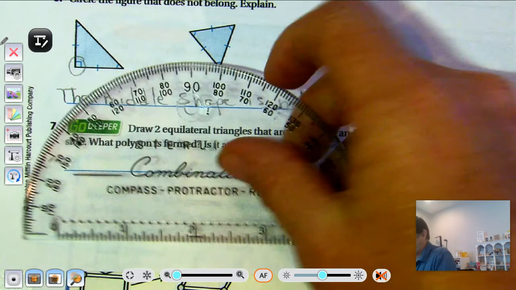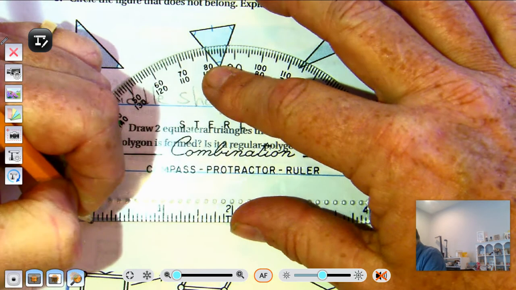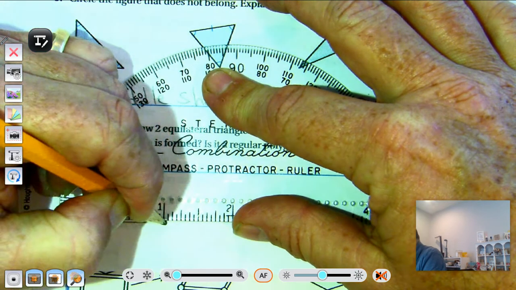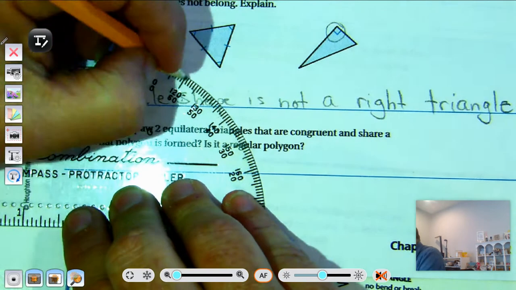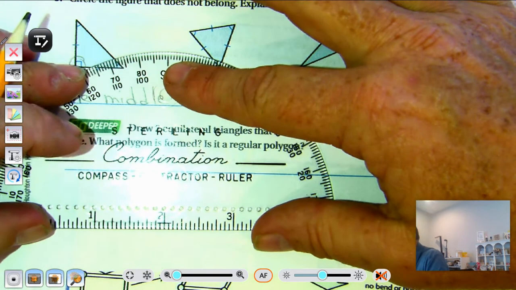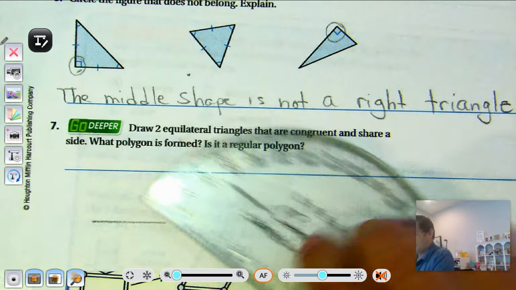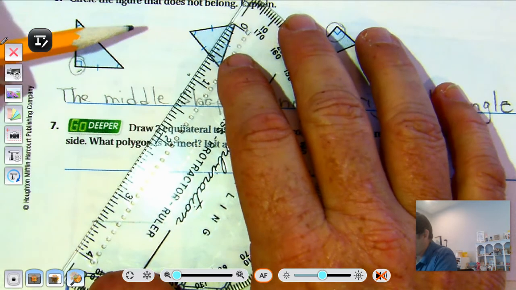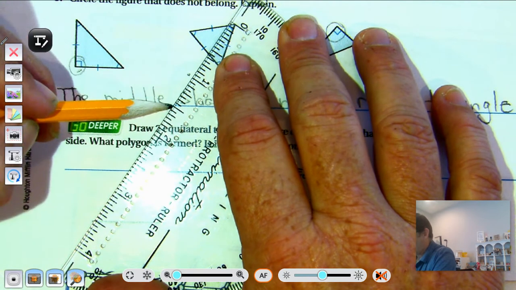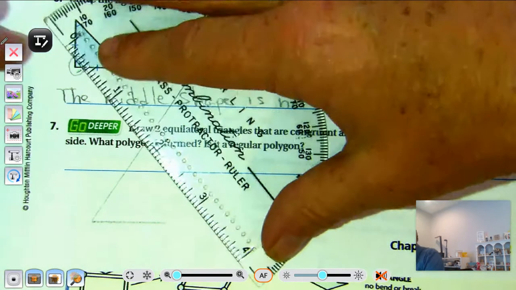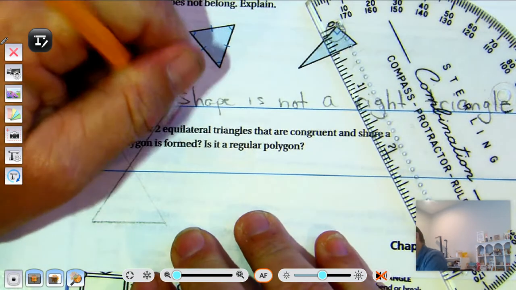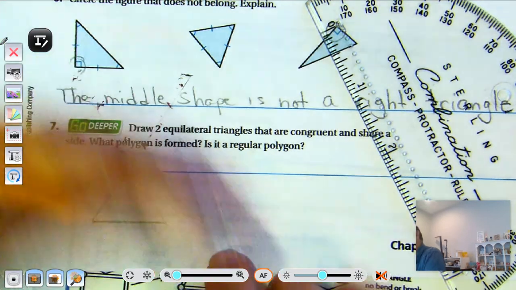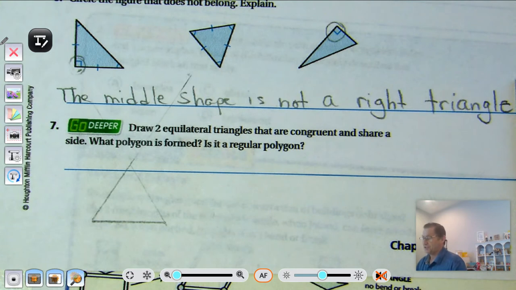All right, well, I know that if I draw three 60-degree angles, it'll be an equilateral triangle. So 60 and 60. Okay, that share a side.